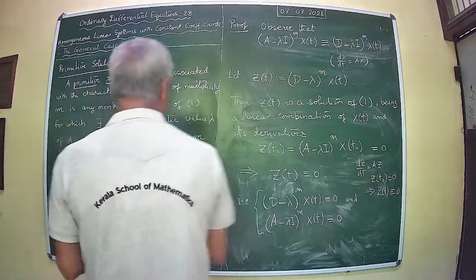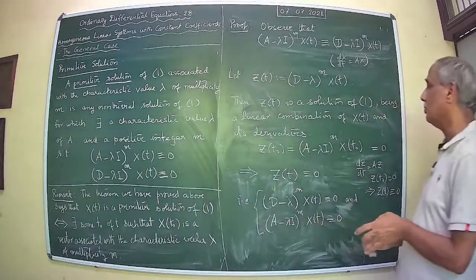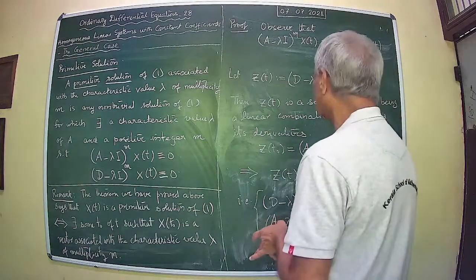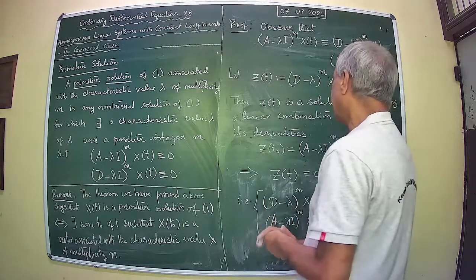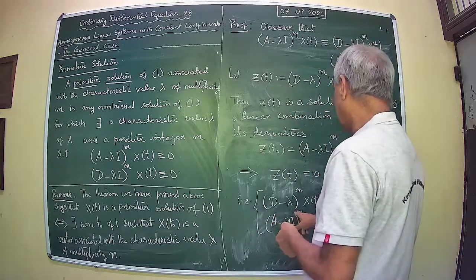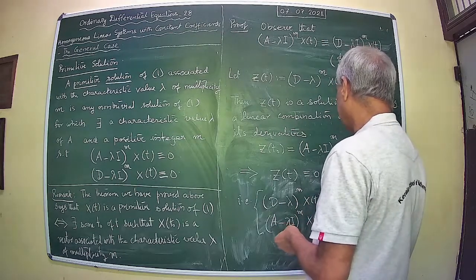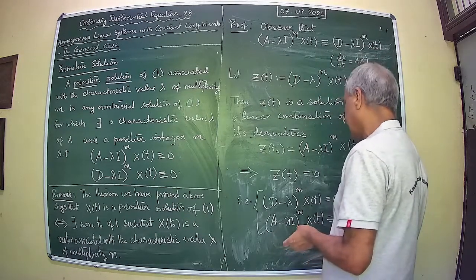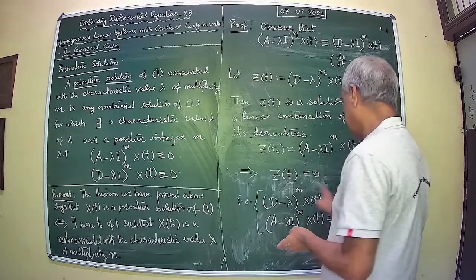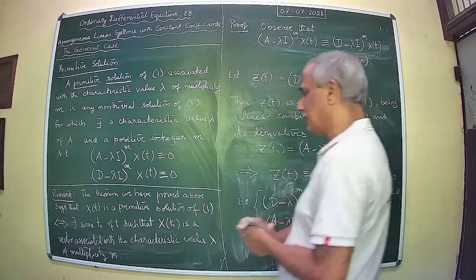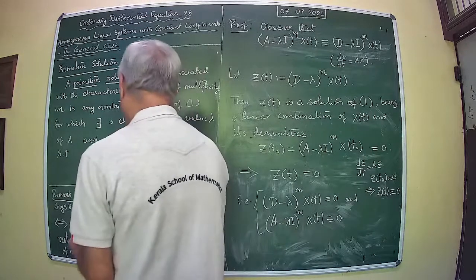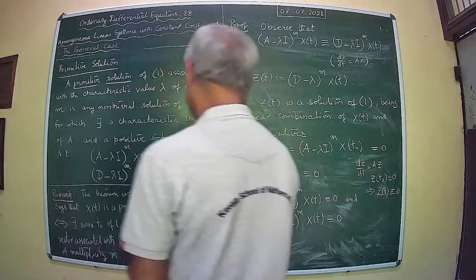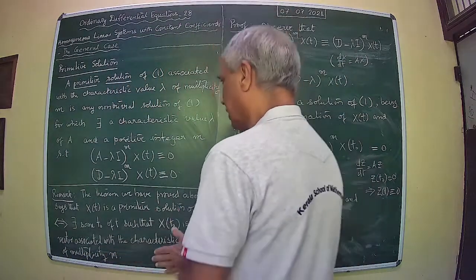Now for that vector you construct the solution x(t), and then z(t) equal to (D minus lambda I) to the power m x(t) is identically equal to 0. So what we can prove is that this corresponding x(t) is a primitive solution of 1. Okay, that's the theorem. That is what the theorem says.